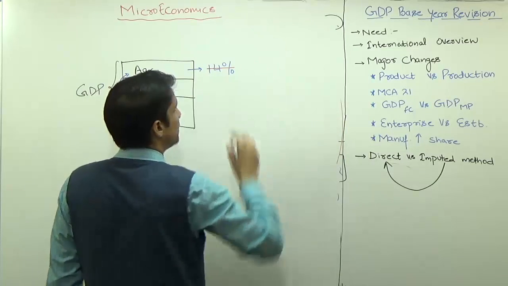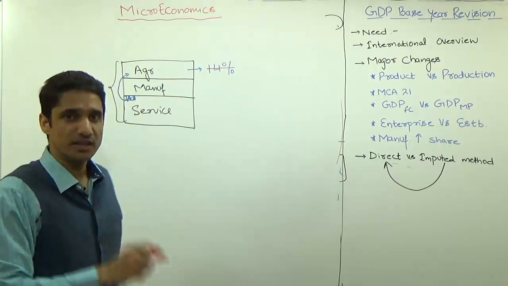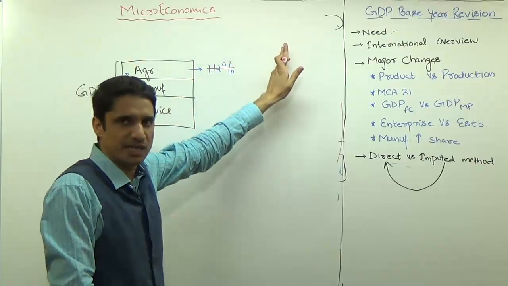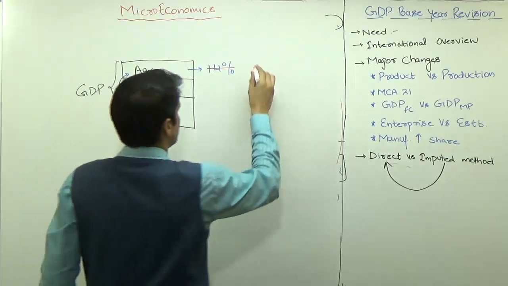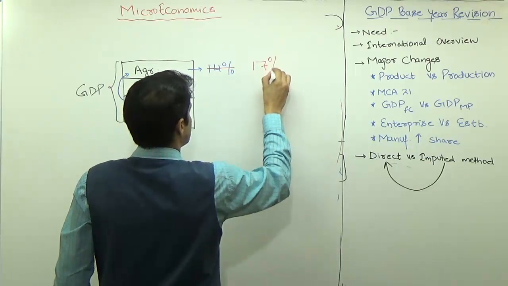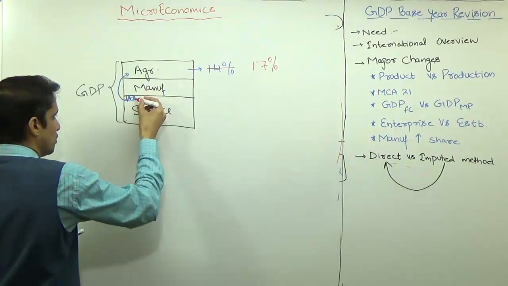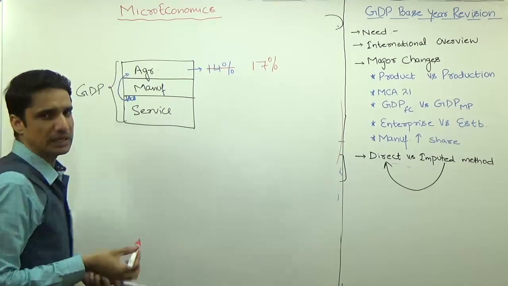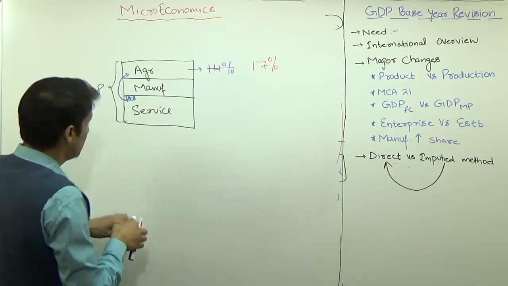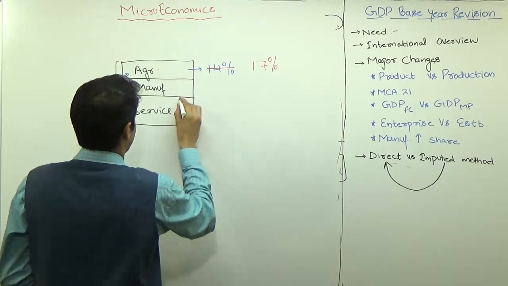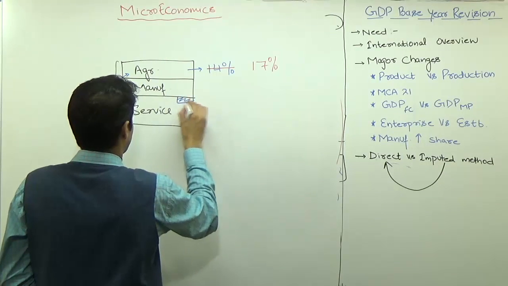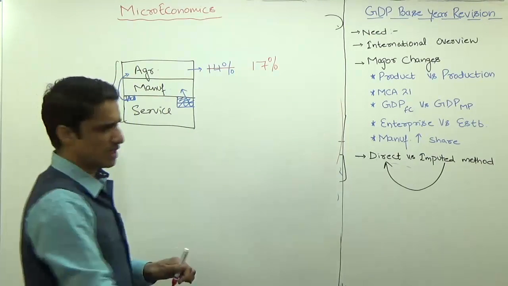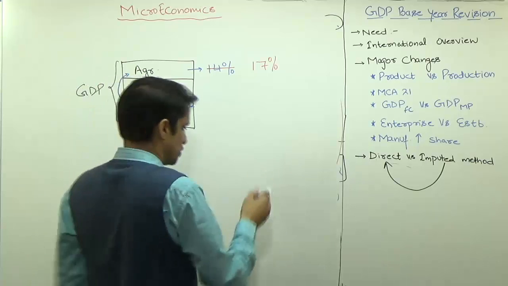So after the GDP base year revision, in just one day, because earlier the methodology was different and after the base year has been revised the methodology has changed, they have increased it to 17%, because now more items from the service sector will be regarded as a part of agriculture. Similarly, from the perspective of manufacturing, more sectors, for example, we have corporate social responsibility.